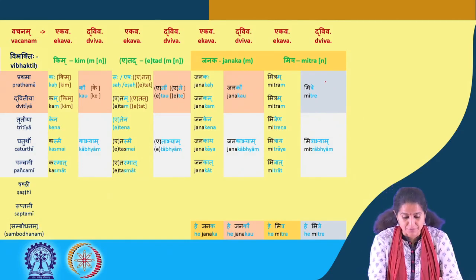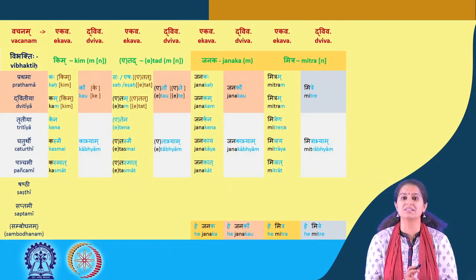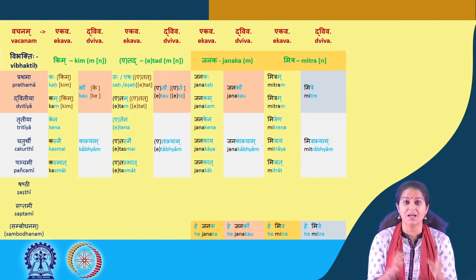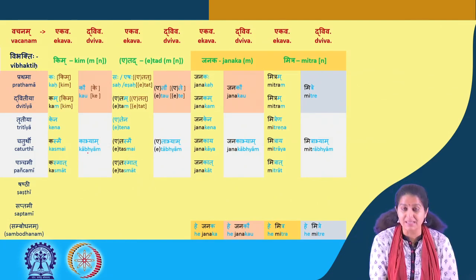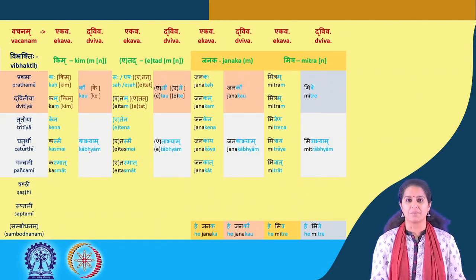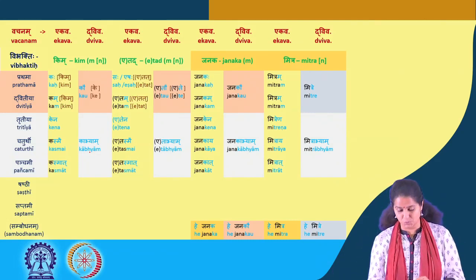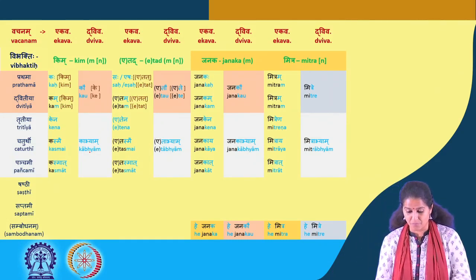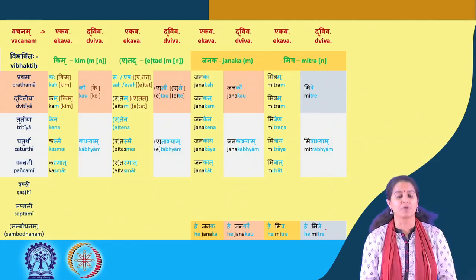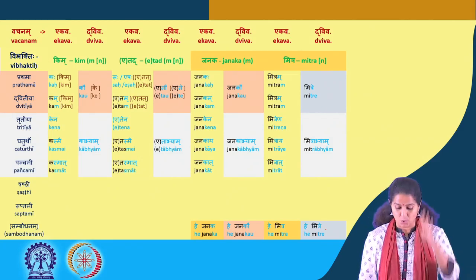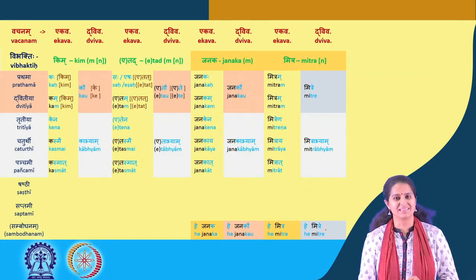But for the rest of them, as you can see, the masculine and the neuter take the same forms in the singular, but there is this small change in the dual case. And what happens in the third, fourth, fifth? So the good news is it's all the same. So kabhyam, tabhyam, janakabhyam, mitrabhyam, uttamam. And for the vocative we see that it acts like the first case. So he janakau and he mitre.